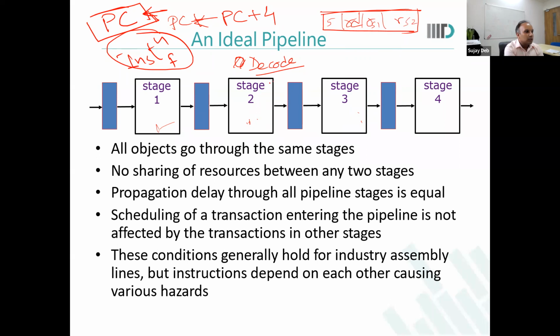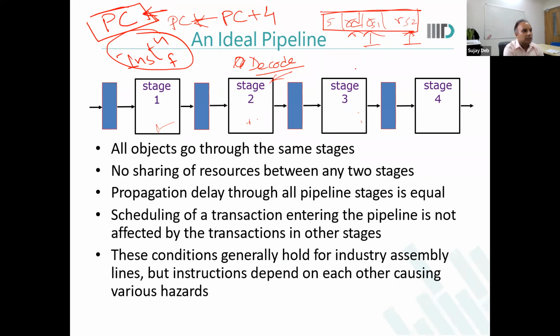In this decode stage, for the destination I don't have to do anything; once I get the result, I'll store it in the destination. Now I have to find out the values of source register 1 and source register 2. I have this register file, so I'll give these addresses to my register file so that I can read the contents of source register 1 and source register 2, and these contents are given to the next stage.